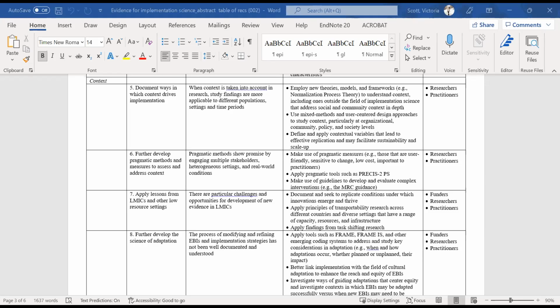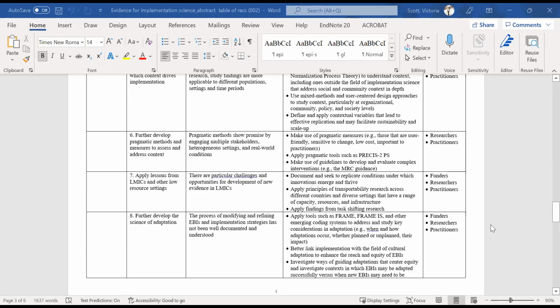We also want to influence not just researchers and practitioners, but ideally funders and reviewers too. So maybe pointing to the needs for more evidence on context on this page.